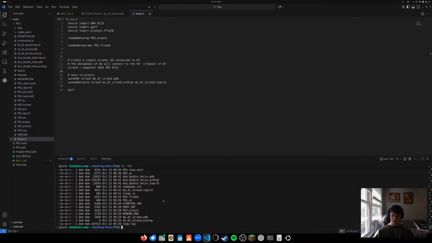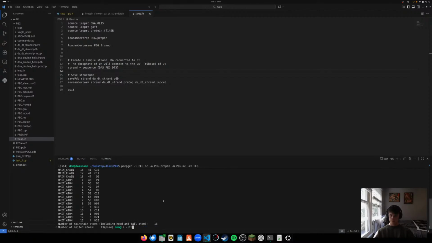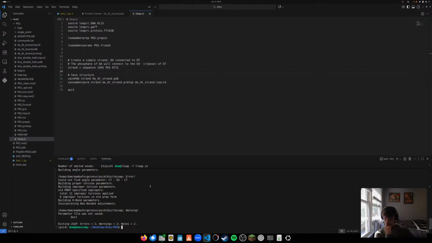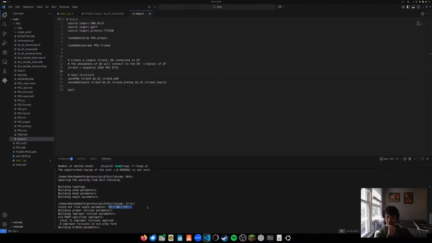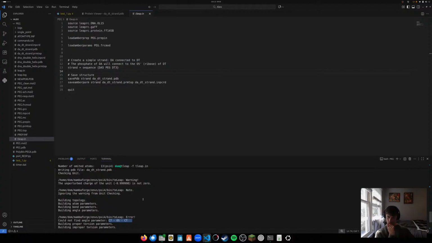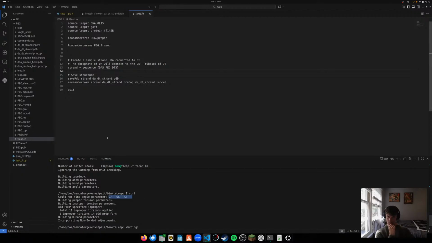So now, all right, what's wrong with T-Lead? Let's do this again. Cannot find angle parameter C7 O7 CT. Wonder what's up with that.